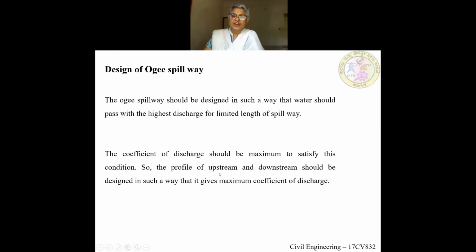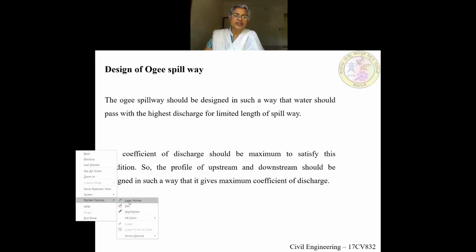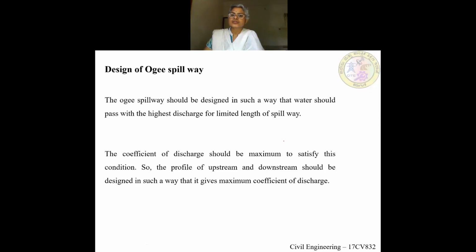So the profile of the upstream and the downstream should be designed in such a way that it gives the maximum coefficient of discharge. This is how the profile will be. Normally, an Ogee spillway will be like this.